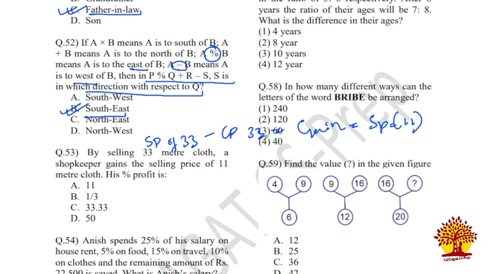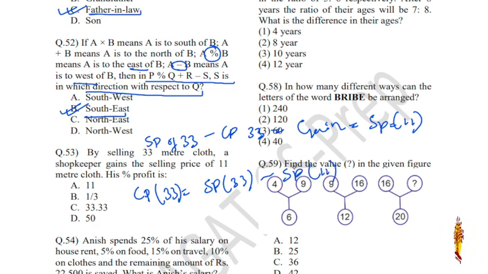The given gain is the selling price of 11 meters. So the cost price of 33 is equal to selling price of 33 minus selling price of 11, which is selling price of 22.